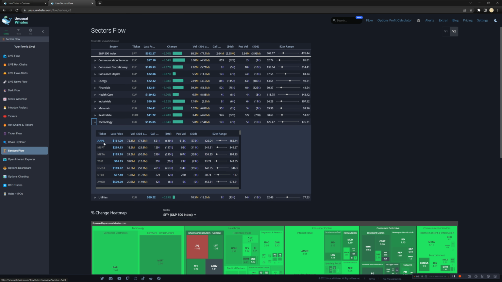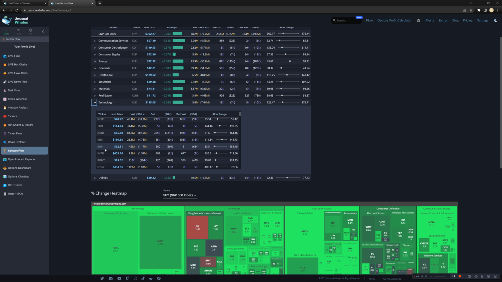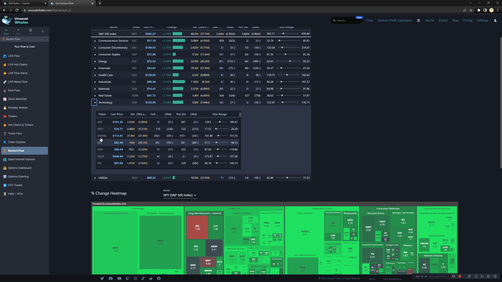Who's in technology? Apple, Microsoft, Meta, Nvidia. These are big names that you guys probably know. Oracle, Cisco, AMD, chips. These guys manufacture chips. AMAT, Applied Materials. Google. Google is actually doing a stock split, so I know they're going to move up probably tomorrow. That's going to be my swing trade.